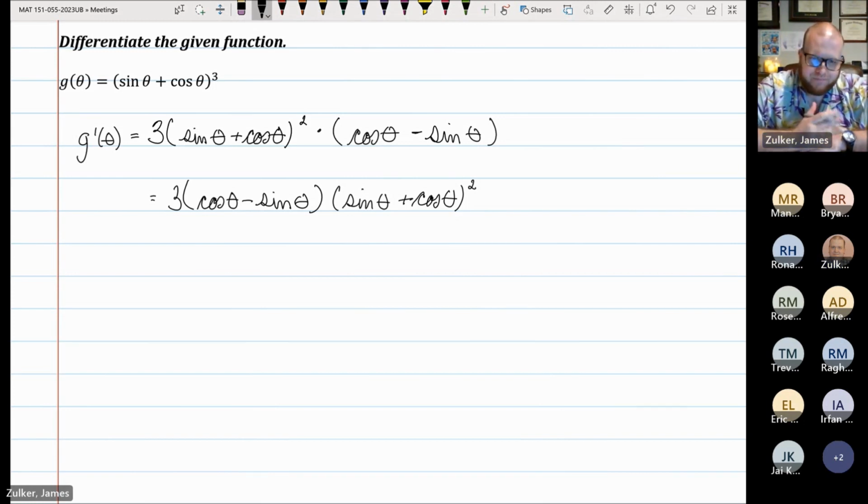Right. Now, just like with the exponential logarithmic functions, if you compare answers, you may find that the answer the book gives looks different. Right, so for instance, I can rewrite this using properties of trig, using trig identities.